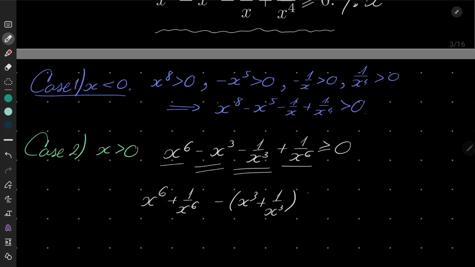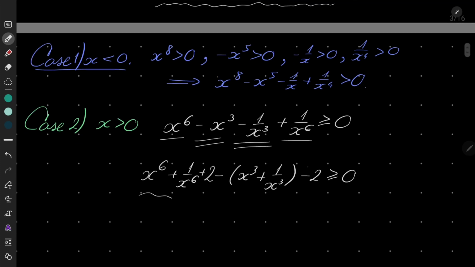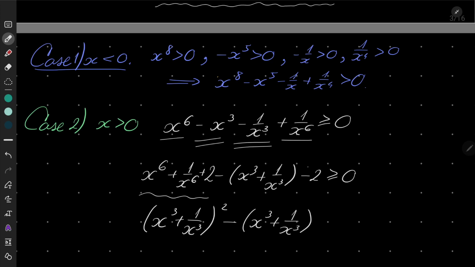And now the crucial part: if I add 2 and also subtract 2, this part will become (x cubed plus 1 over x cubed) squared minus (x cubed plus 1 over x cubed) minus 2, which should be non-negative.